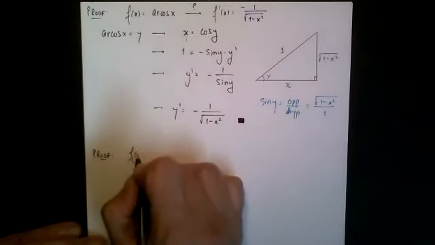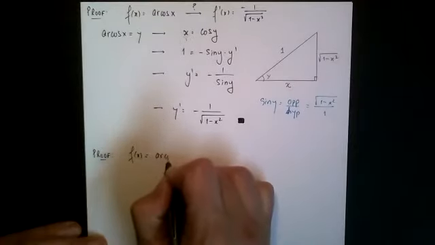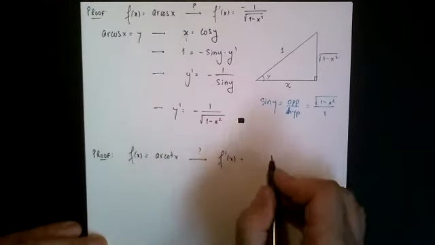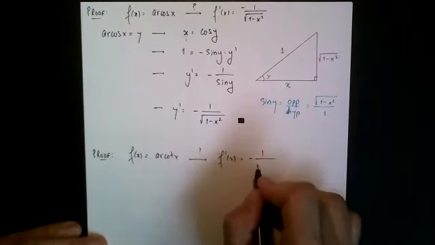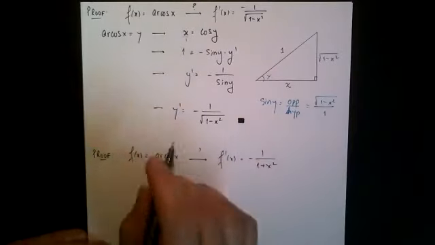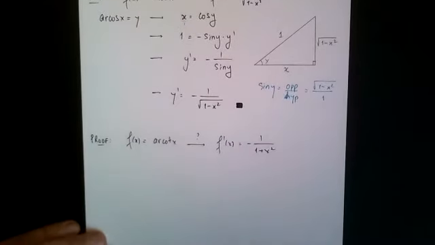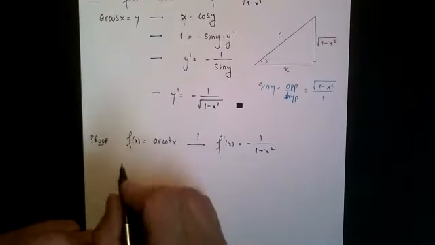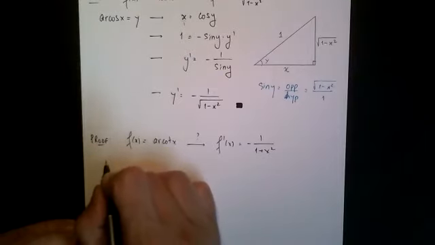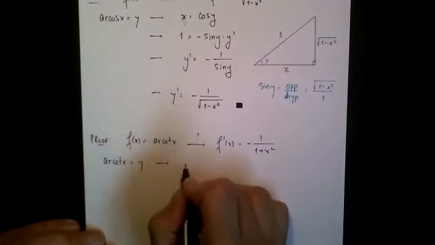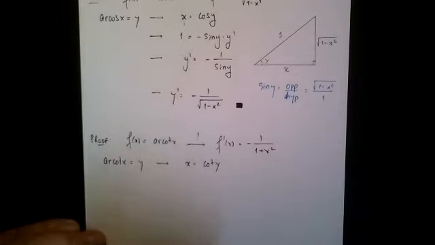Okay, proof. The other one is if f of x is arc cotangent, then f prime will be negative 1 over 1 plus x squared. Am I going a bit too fast? So again, arc cotangent equals y means that x is equal to cotangent of y.